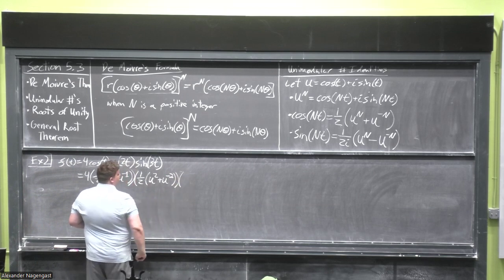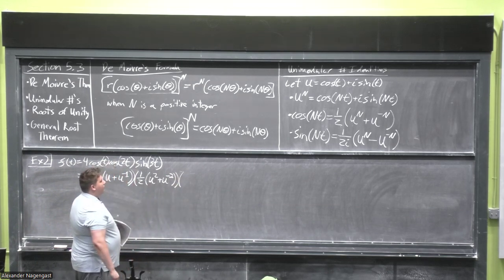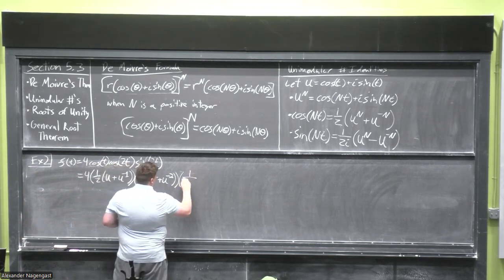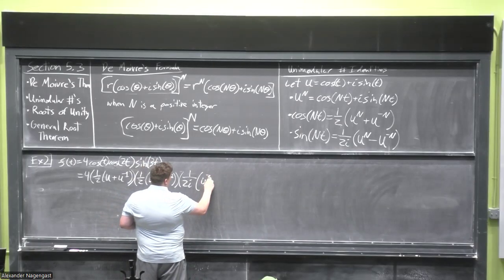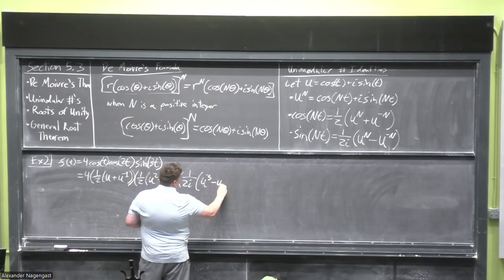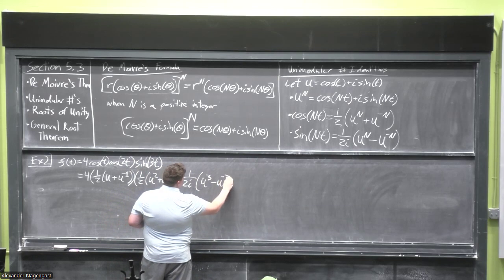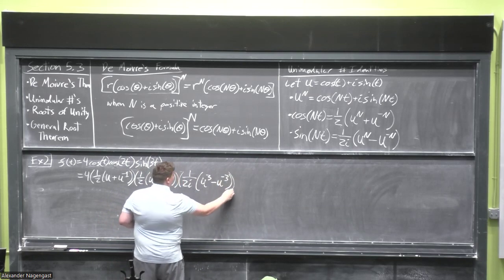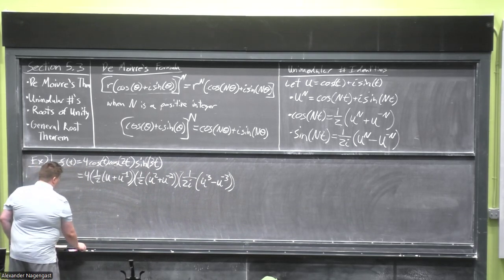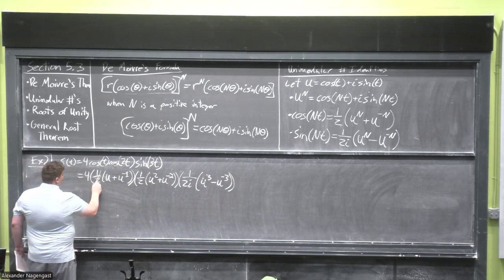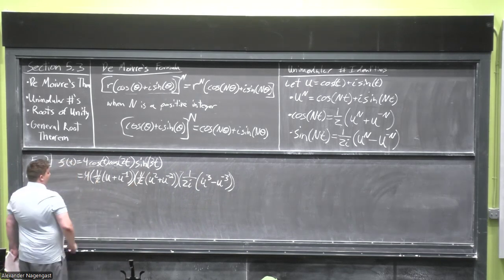Now we're going to multiply this, but we have sine, so we're going to have 1/2i times u to the third minus u to the negative 3. So we can simplify and go, 1/2 times 1/2 cancels out with the 4.